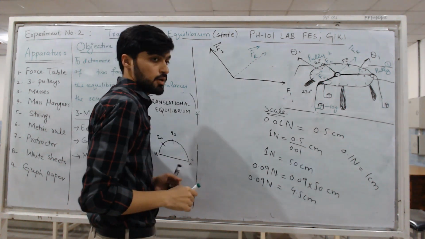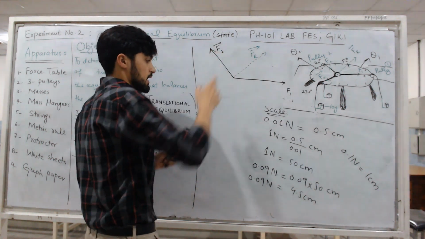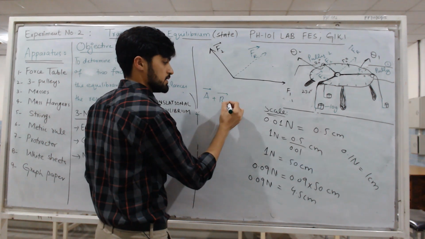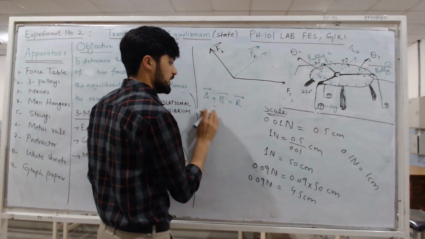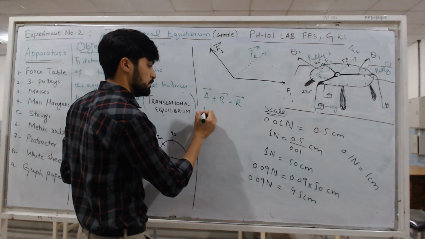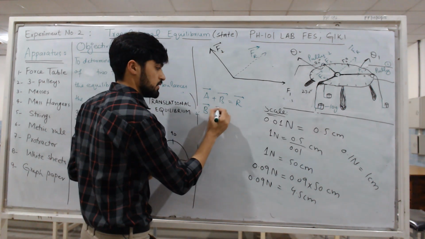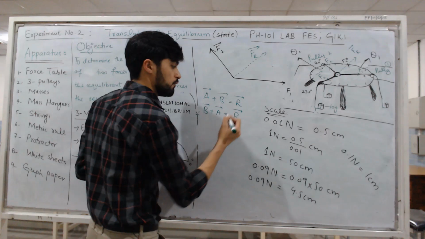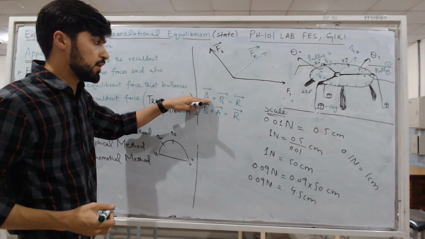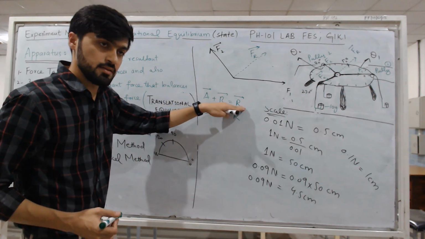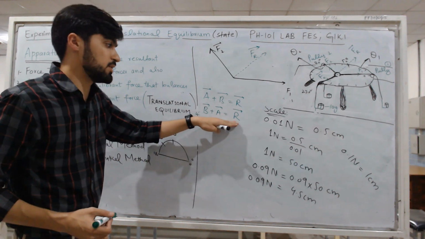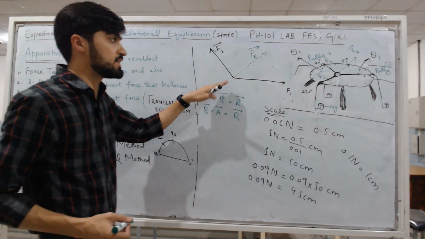The parallelogram law says that if there are two vectors, A plus B gives us the resultant R. Then if I first add the second vector and then the first vector, like B plus A, this is actually the commutative law of vector addition. It means that if you are using A plus B and it gives you a resultant, and then you are using B plus A, they will both give you the same resultant vector.